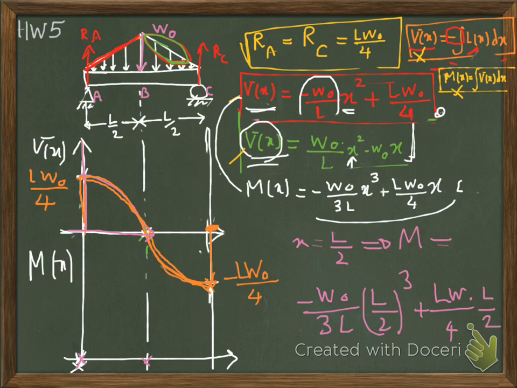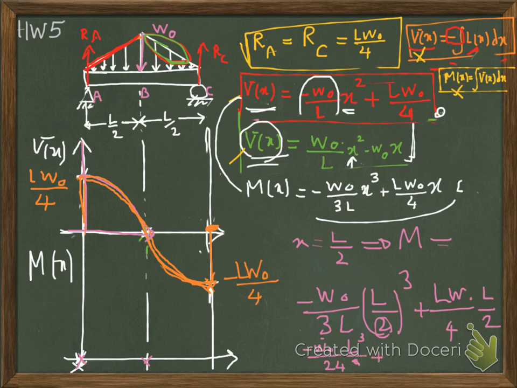I find that one turns out to be minus w naught, and I'm just writing it so you see L cubed, 2 cubed is 8, then 8 multiplied by 3 gets us 24. Do I have anything else? Nope, done.